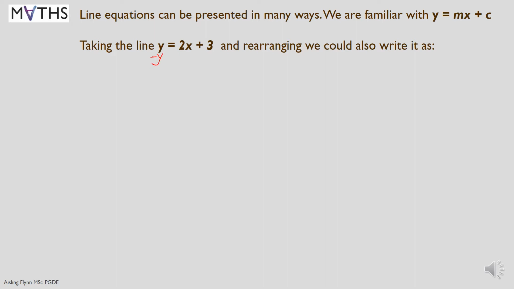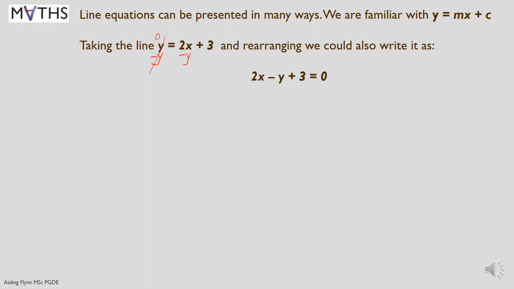So I'm going to take y from the left hand side, which means you must do the same with the right hand side, and we'll be left with 0 on one side and the other stuff on the other side. So this is what it results in. We have 2x minus y plus 3 together on one side, and the other side is equal to 0.